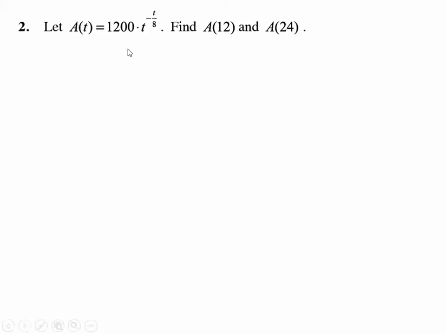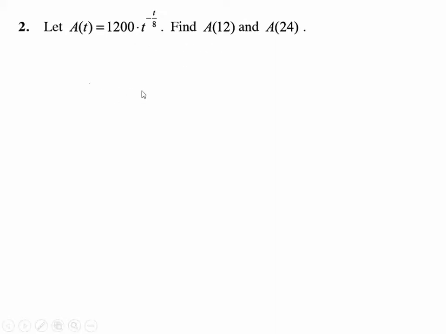This is concentration of iodine in a person's blood for a certain amount of days after you've taken a 1,200 microdosage of it. So again, just kind of where it comes from.